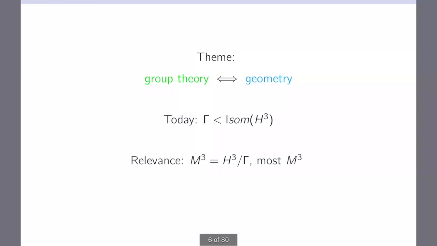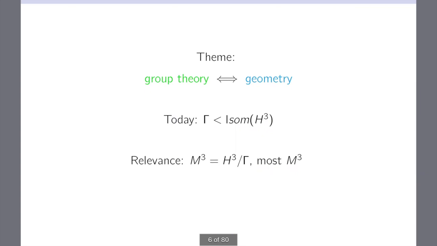So the theme for today is the interplay between groups, abstract algebra, topology, and geometry. And the groups that we'll be looking at are symmetries. Here, gamma is a subgroup of the isometry group of hyperbolic space. Isometries are just distance preserving maps, so they're the symmetries that preserve distance.